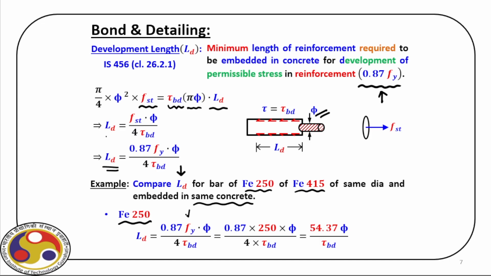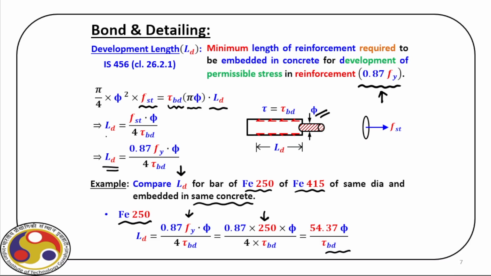The only thing that is going to vary is Fy. So in the first case we have 250. So we'll use 250 here, and in the denominator we have 4 tau BD. So ultimately if we put this value 250 here, we get 54.37 times phi divided by tau BD.